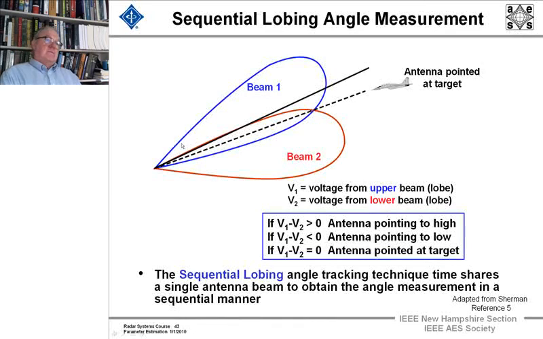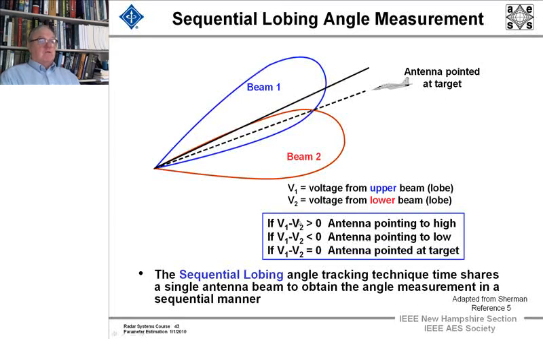If here is the boresight between the 2 beams, we send out beam 1, and then we send out beam 2, where V1 is the voltage from the upper beam and V2 is the voltage from the lower beam, and this dashed line is the antenna pointed at the target.